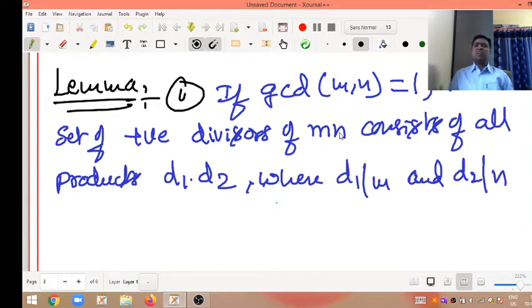Why? Because we are taking integers m and n. So for this product to exist, d1 divides m and d2 divides n must hold, my dear friends.